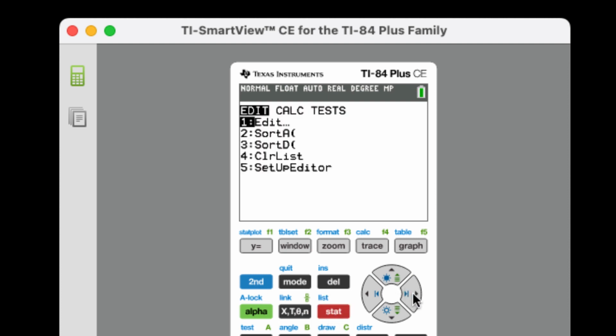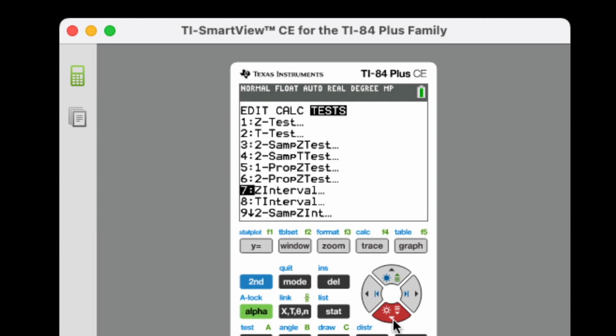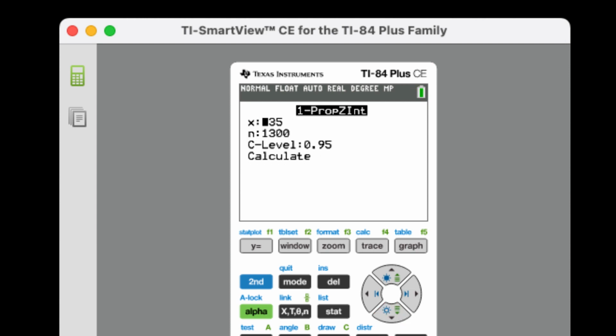Stat, Test, 1 proportion Z interval. What is my X? What is N? And then what's the confidence level? What do you guys get as an answer? 0.814 less than P, less than 0.896.